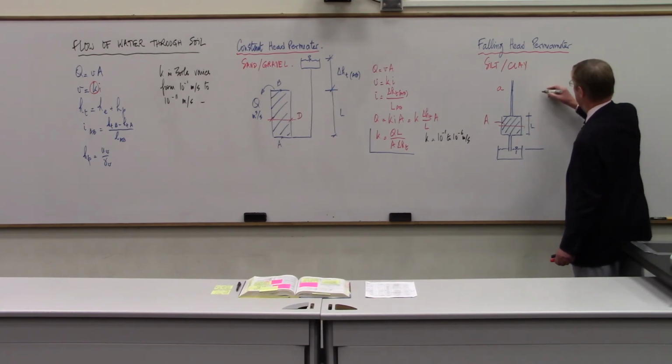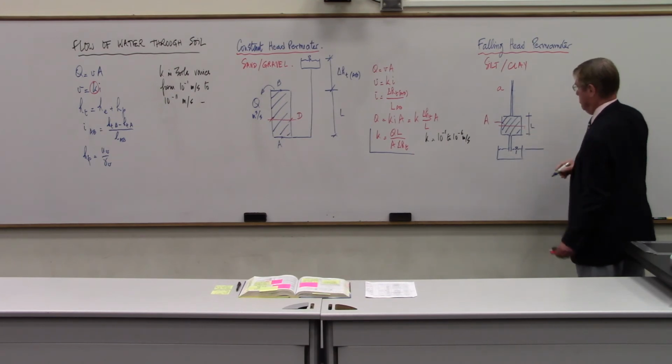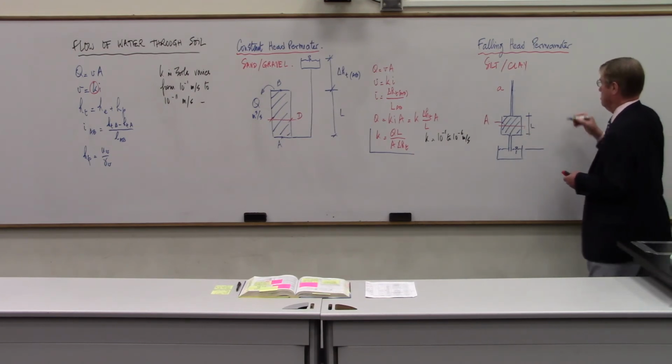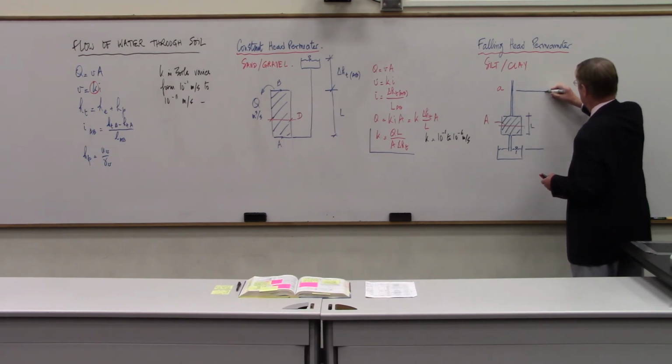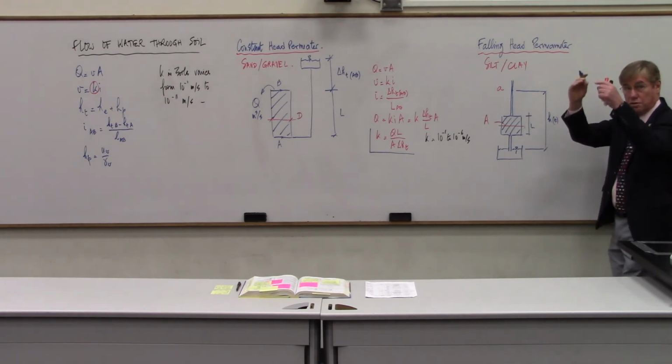So the total head is the difference between this point and that point. And you can do the calculations, go through what we just did. So here, you would have the total head. But now this total head would be at a time t, because the water is coming down.